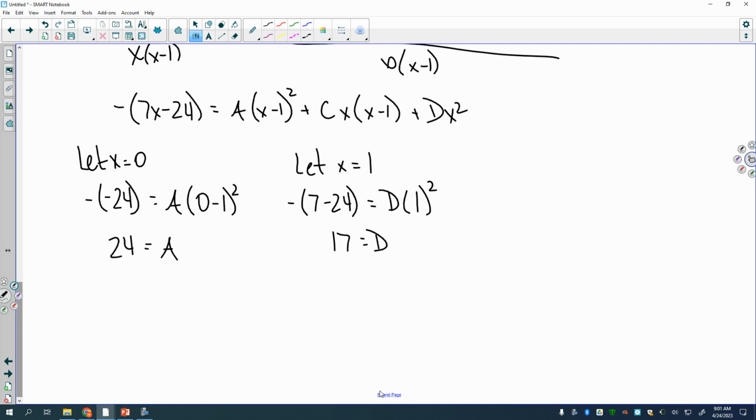Now, just like I did on the previous problem, I'm going to let x be something different. I, again, would pick a 2, and plug that in, and I'm also going to let my a be a.